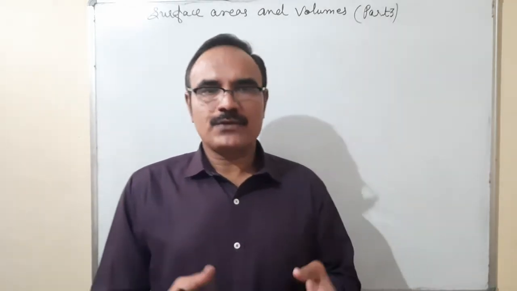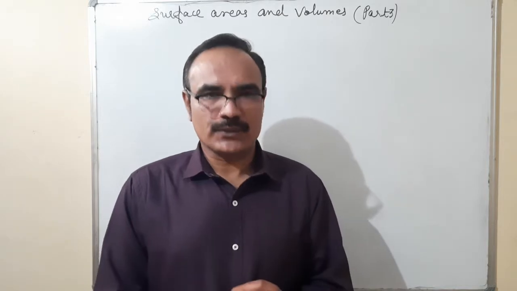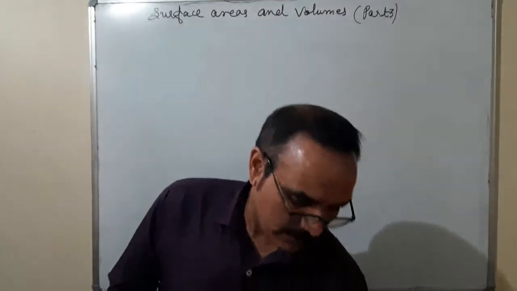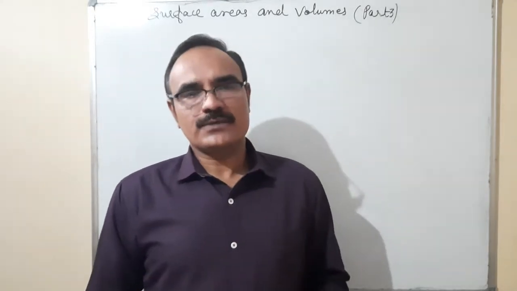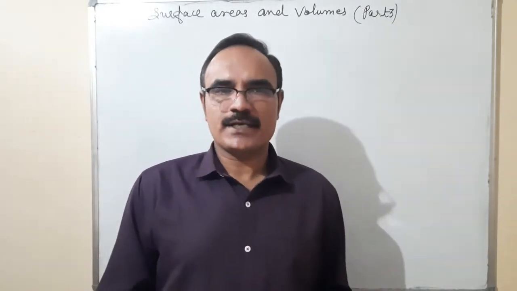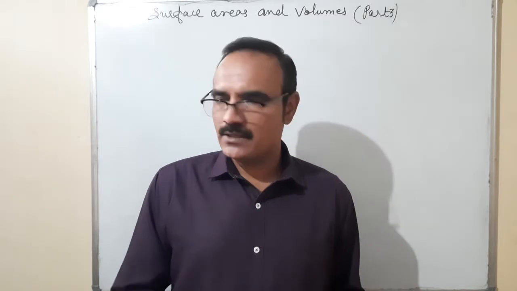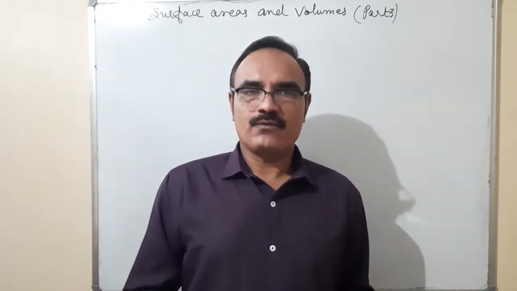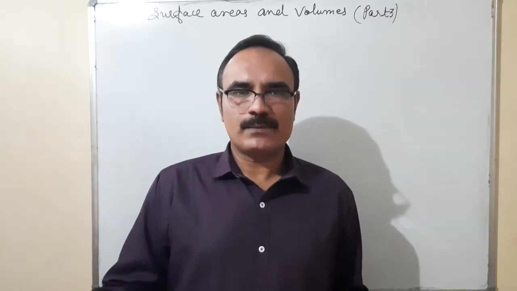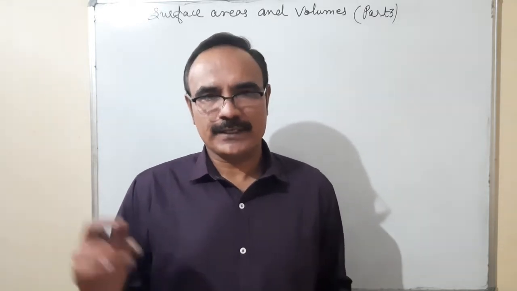Basically, we are using the volume of combination of solids. Volume of cone, you know that; volume of cylinder pi r square h; volume of cone 1/3 of pi r square h; volume of cube, area of base multiplied by height; volume of sphere 4/3 pi r cube; hemisphere 2/3 pi r cube.